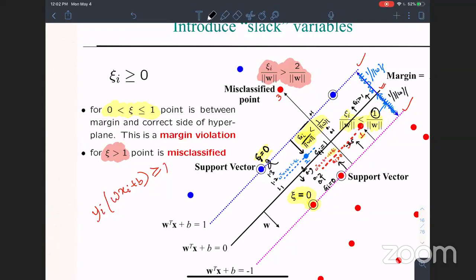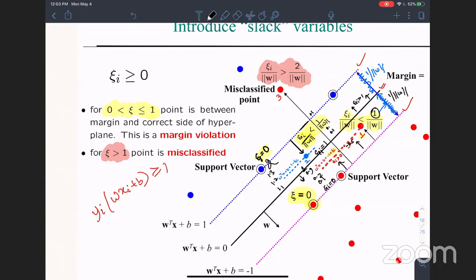Okay, I think raise hand feature. Go ahead, Ashish. My question is, am I getting this intuition right that eta is somehow giving us a width which is lesser than 2 upon the mod of w, like the Euclidean metric of w, and it's a smaller margin where we will take out something which will contribute to the cost function, right?